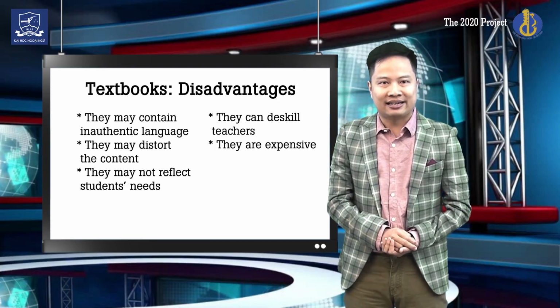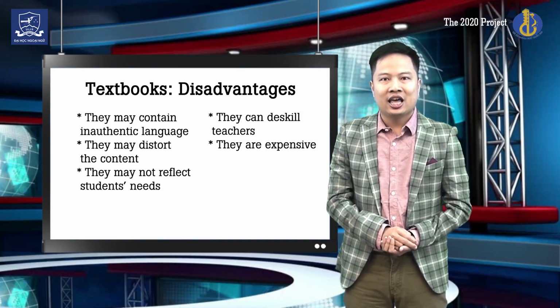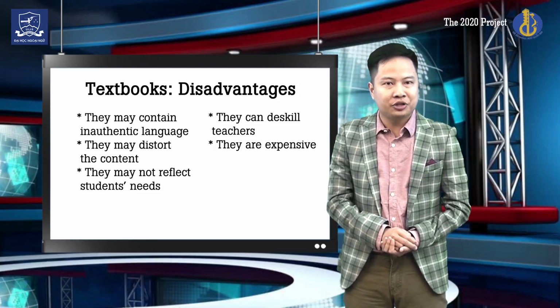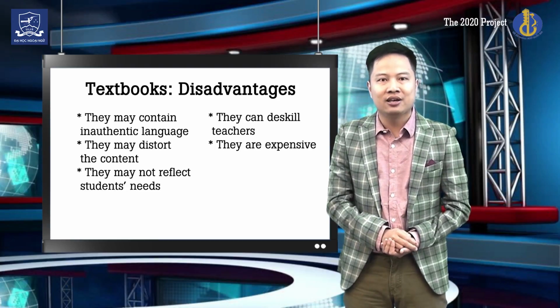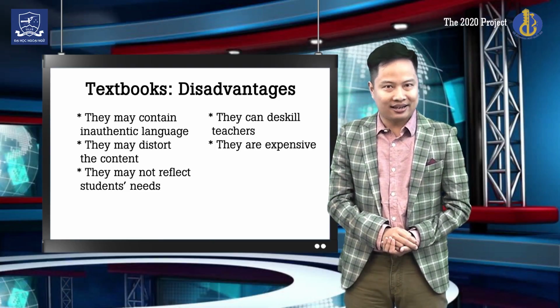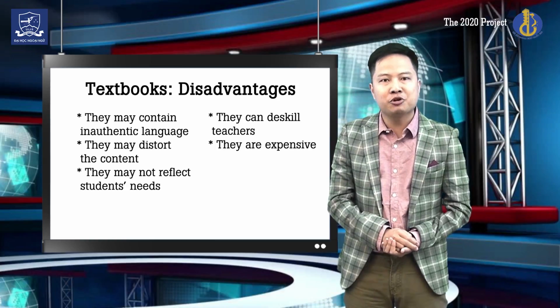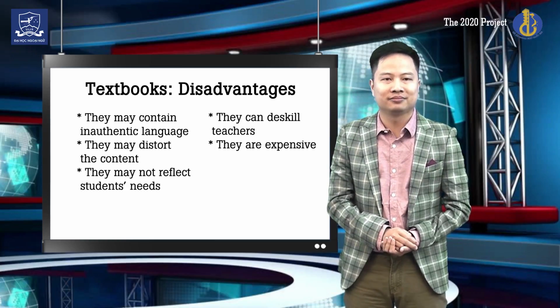Textbooks often present an idealized view of the world or fail to represent real issues. In order to make textbooks acceptable in many different contexts, controversial topics are avoided, and instead, an idealized white middle-class view of the world is portrayed as the norm.